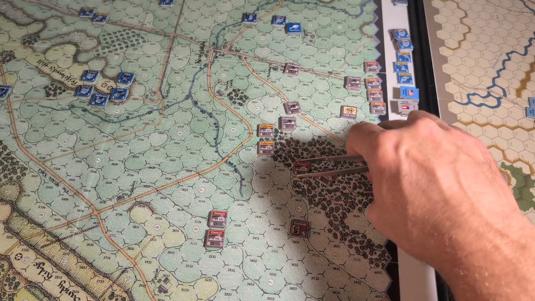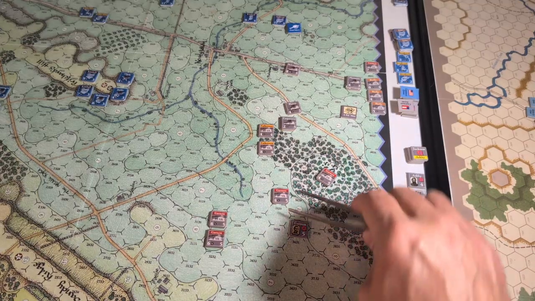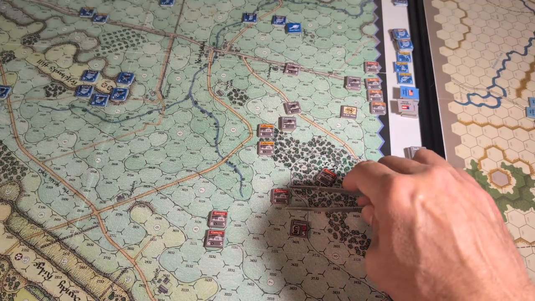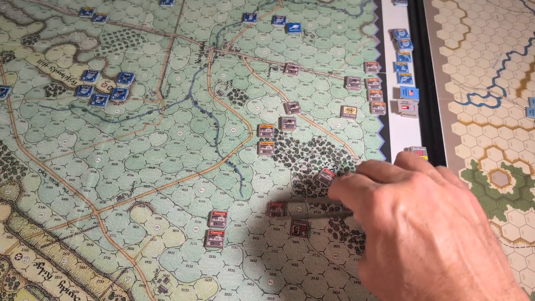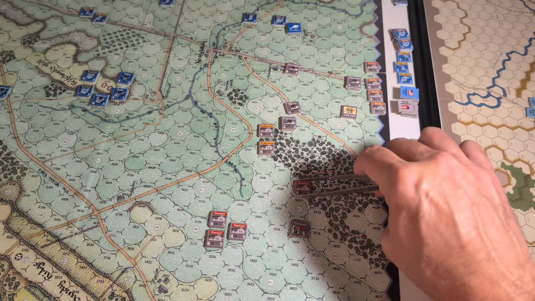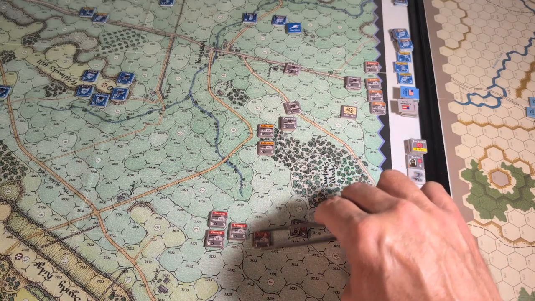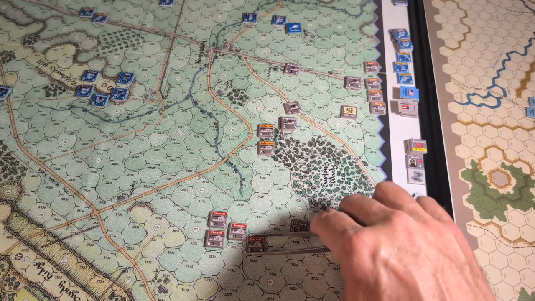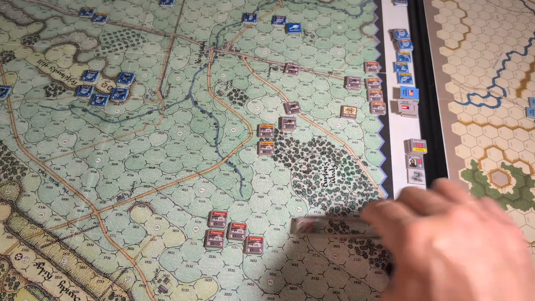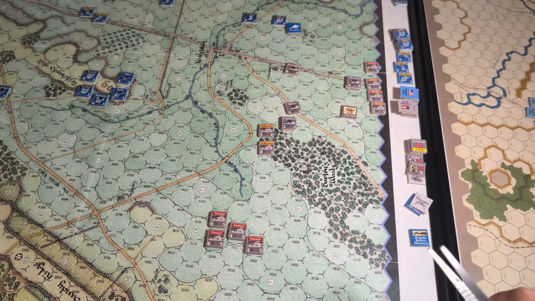Okay, 1, 2, 3. Going downhill doesn't cost anything extra. It's 3, 4, 5, 6. 1, 2, 3, 4, 5. Okay. So now Garnett's finished.